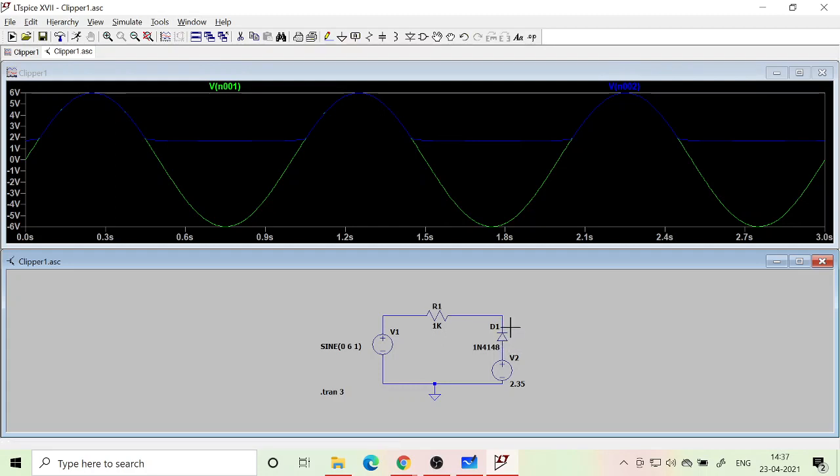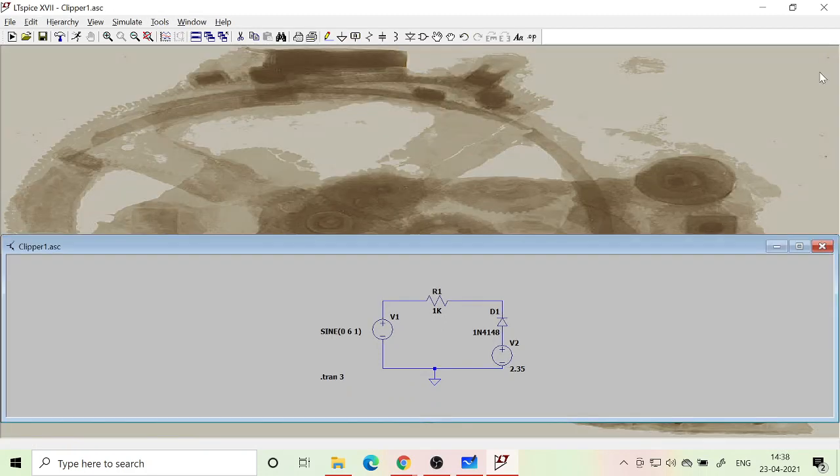So when the N side voltage is a cut-in voltage lesser than 2.35, that is basically 1.7. That's what we are getting. So we need to calculate it properly.